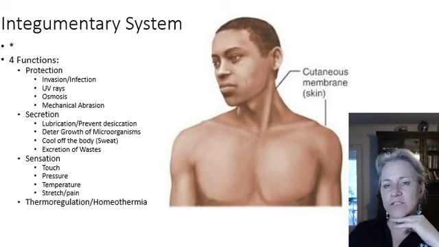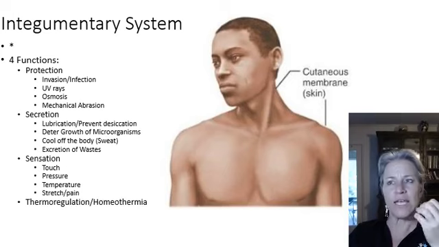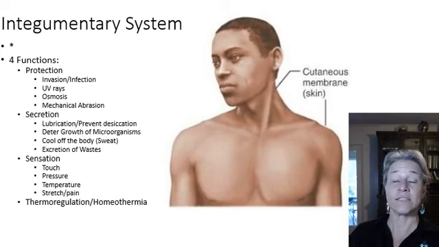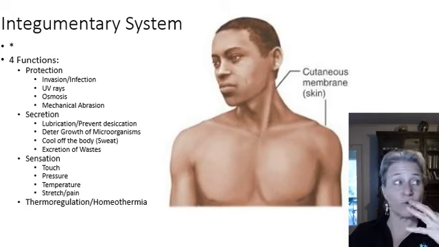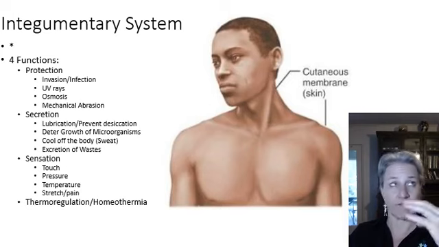And then I told you that another function of the skin is that it plays a role in helping maintain constant body temperature. One of the things that the skin does when you're hot is you sweat to help cool off the body. You sweat, and then the evaporation of the sweat helps cool off the body.